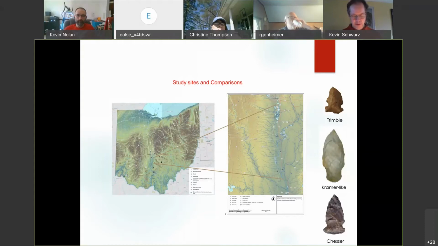And there are a number of comparison sites that I'm going to draw from in Delaware, Franklin, and Pickaway County, almost all along the river and nearby uplands. But I am going to mention a couple sites that are further afield that I'm comparing. So the Woodland period sites encompass early, middle, and late Woodland periods and the very end of the tail of the terminal Late Archaic.